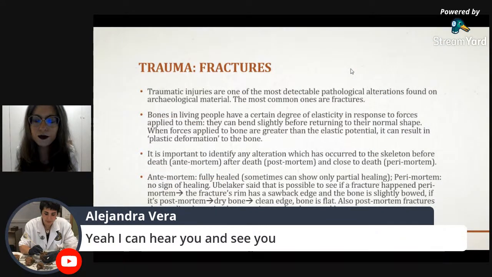It was not an injury that happened to the individual when he was living. It happens very frequently during excavation time, and it's easy to see, of course, by checking the edge of the fracture, but also the color, because the external part of the cranial vault is much dirtier and darker than the internal part of the fracture, which in general is a lighter color.